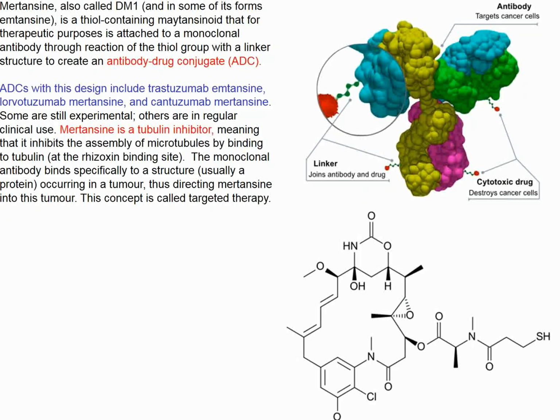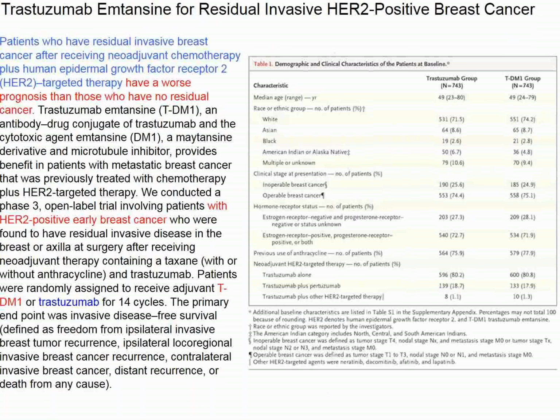Microtubules are required for cell proliferation, and this might be a successful strategy in inhibiting the growth of breast cancers. That indeed was attempted in this trial, where patients with HER2 positive breast cancer, as you can see from the table, had already been subjected to other therapies, dependent upon what else they expressed.